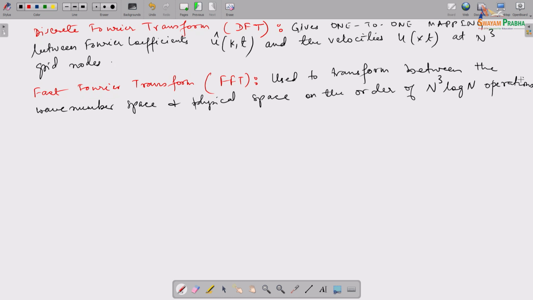Now, this is basically the fast Fourier transform. A spectral method involves advancing the Fourier modes in small time steps delta t according to the Navier-Stokes equations in wave number space.